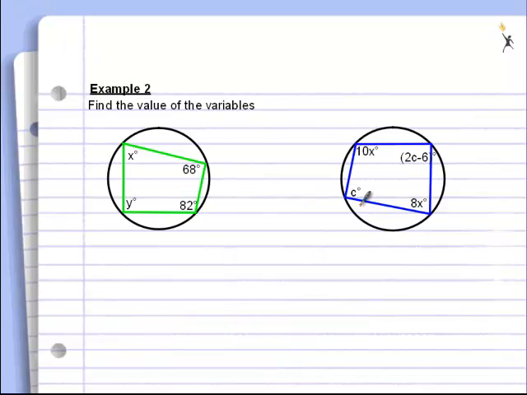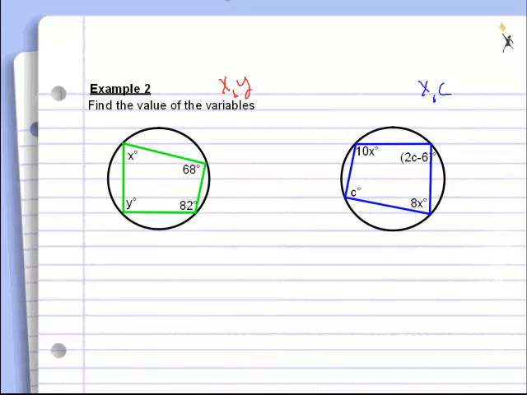Let's look at example 2. It says find the value of the variables. Well, now here we have inscribed quadrilaterals. And I'm just going to list very quickly the variables that we have. We have an x, a y, and then we have an x and a c.